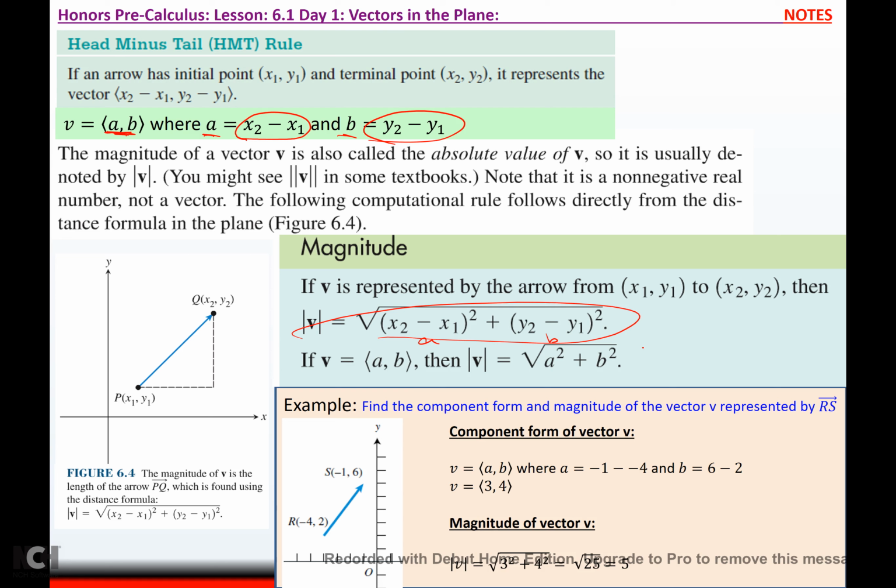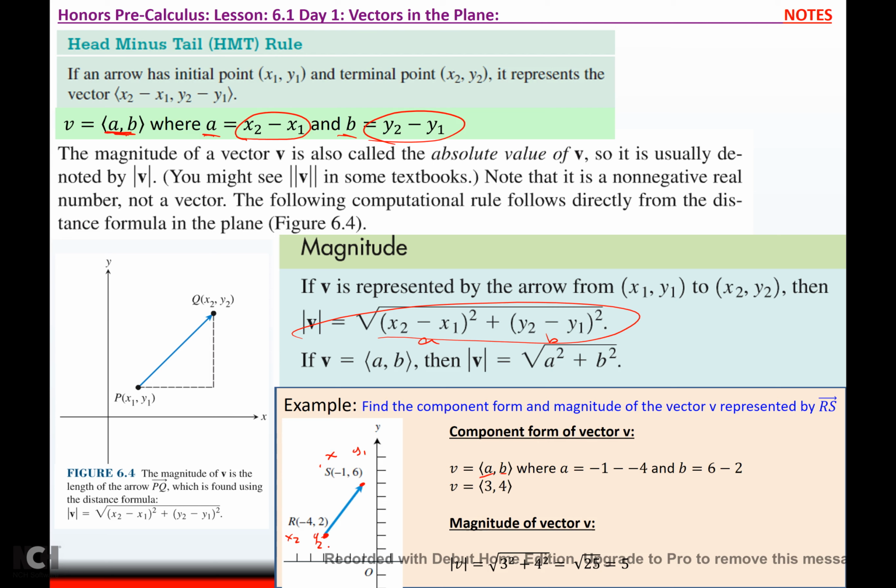Alright, so look at this example. It says find the component form and magnitude of the vector V represented by RS. See, we're not at the origin. Normally, if we were at the origin, you would just take your terminal point, and that would be your A and B. But we have to figure out our A and B of this vector, because we have an initial point and a terminal point. So this would be x1, y1, and this would be x2, y2.